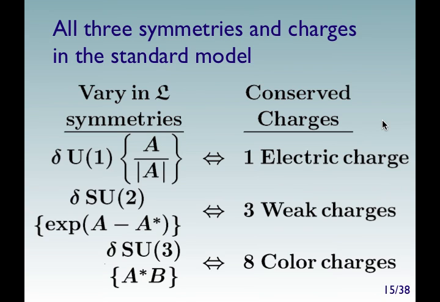So now we're going to look for other symmetries that are in the t-shirt, and I've written one of them as a over the absolute value of a. That is what's known as a unit complex number, a unit circle in the complex plane, the symmetry group U1, and it only has one element in its Lie algebra, and it corresponds to electric charge.